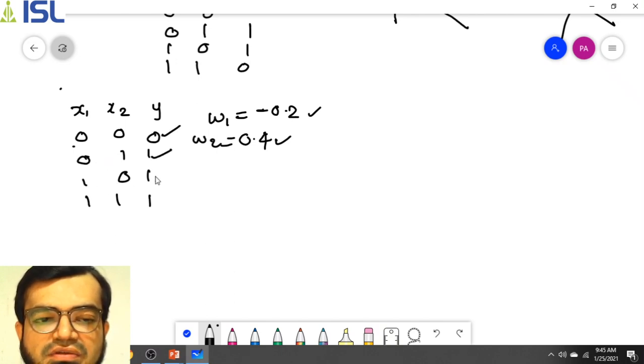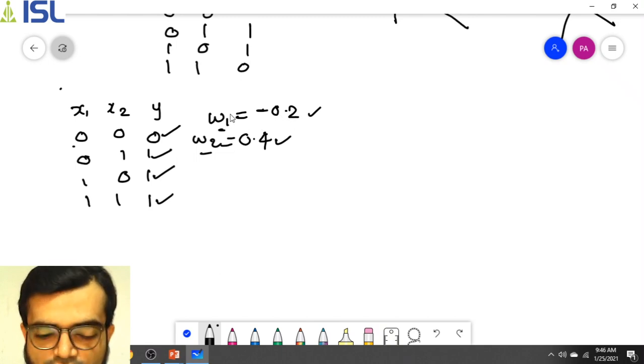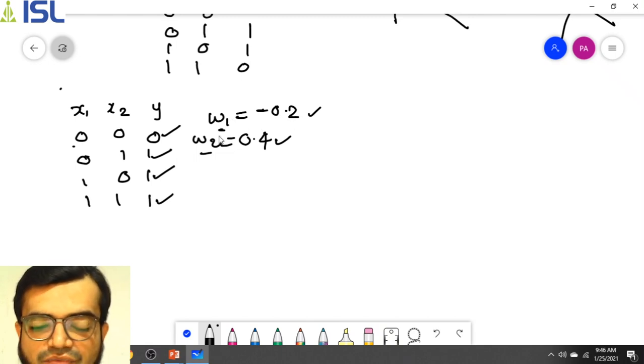If it is 1 0, the output should be 1, and if it is 1 1, the output should be 1. This is the expected output. If we do not get this output, there is a problem in the weights taken for the given input, so we need to adjust the weight values. So we have to see whether it really works or not.